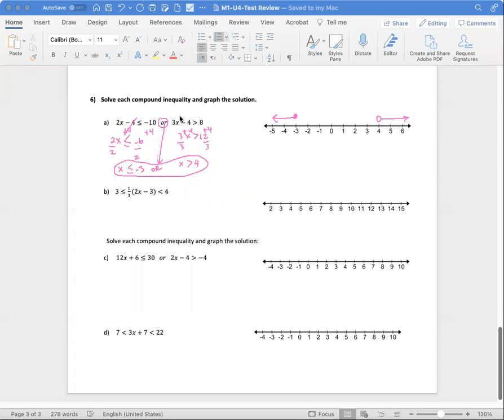Okay. So one way to address this is to maybe we want to get rid of the 1/3, right? And to get rid of the 1/3, it would be ideal to multiply all sides by 3.